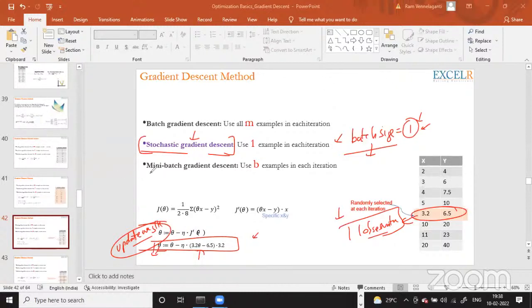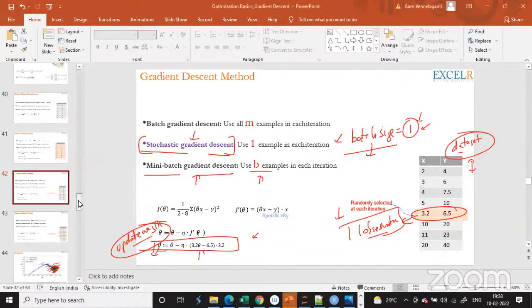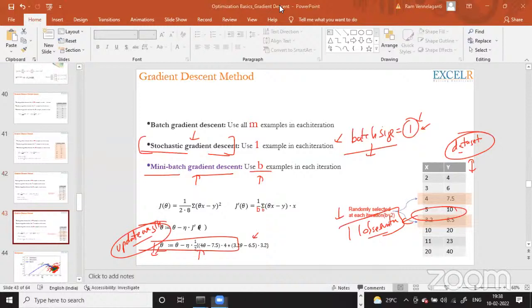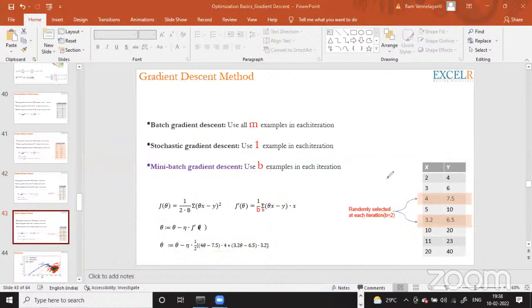Now, mini batch gradient descent. What is mini batch gradient descent? You are not going to consider the entire data set, and you are not going to consider a single observation, but somewhere in between. You can take maybe 2 observations.